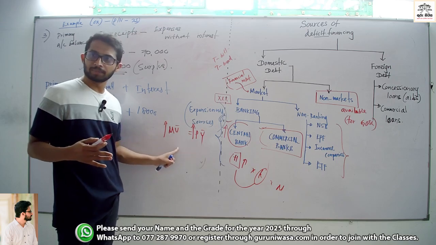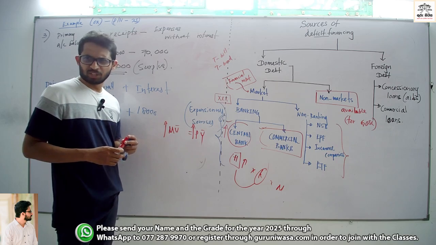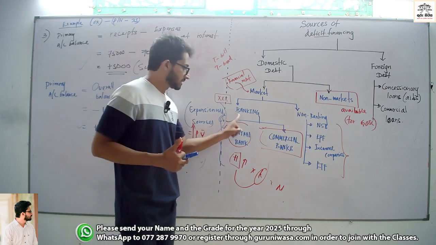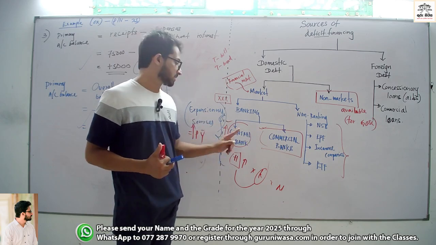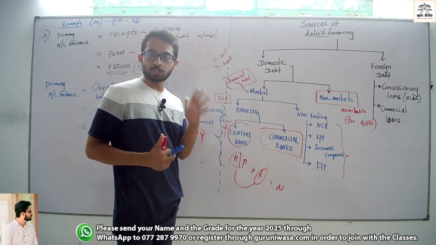Can you remember this theory? This is called the quantitative theory of money. Right, anyway. So remember these two sources, central bank and commercial bank, borrowings from the central bank and commercial banks are all really, really expansionary.